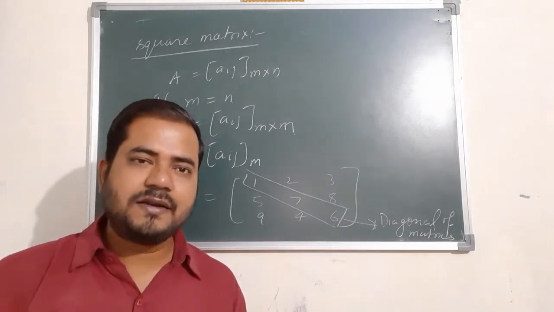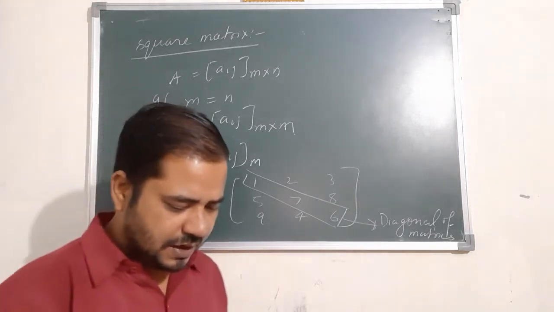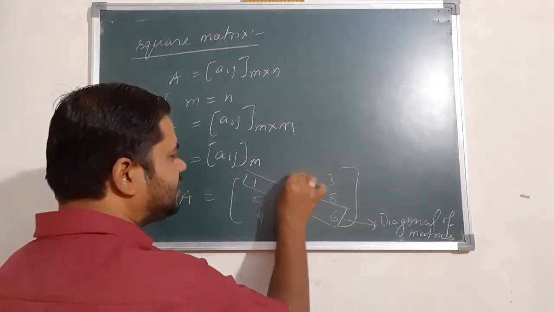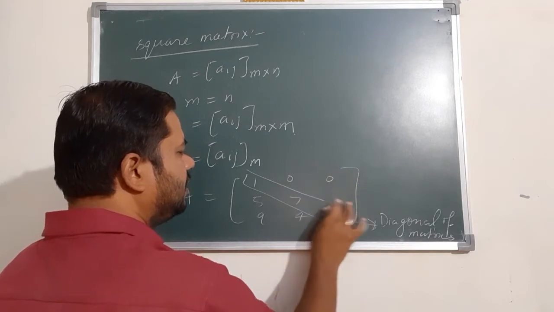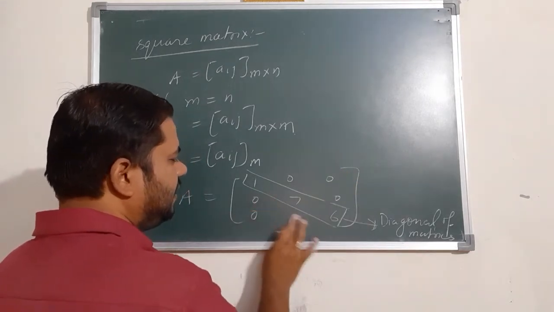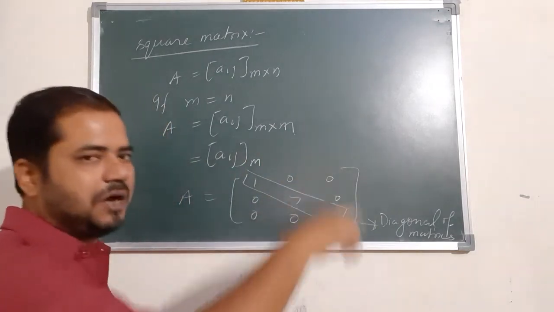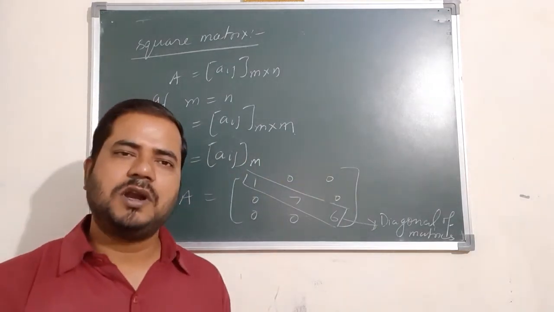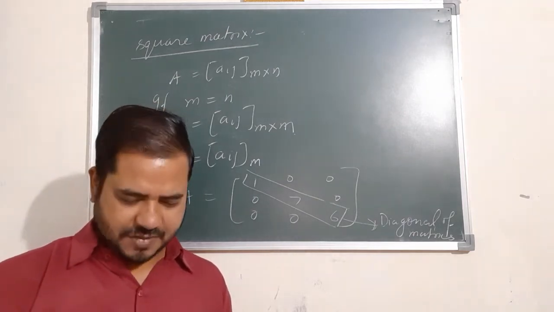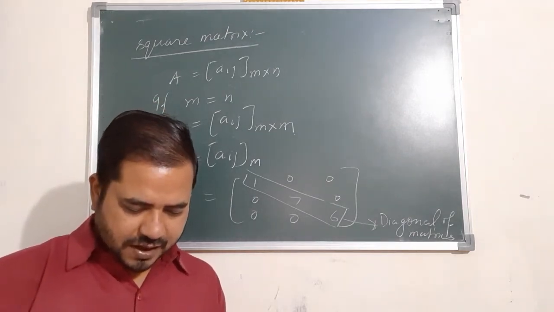So what is the diagonal matrix? If all the elements except the diagonal are 0, then the particular matrix is known as a diagonal matrix. Okay. Now scalar matrix.